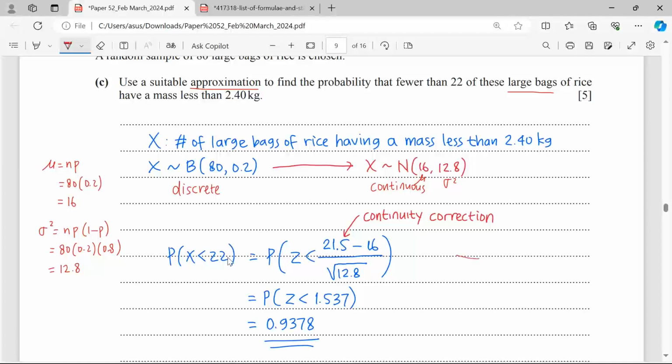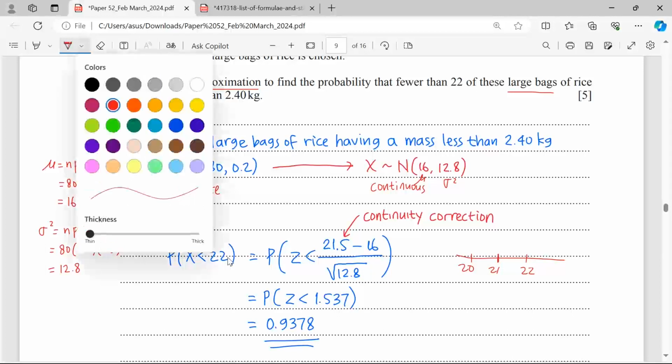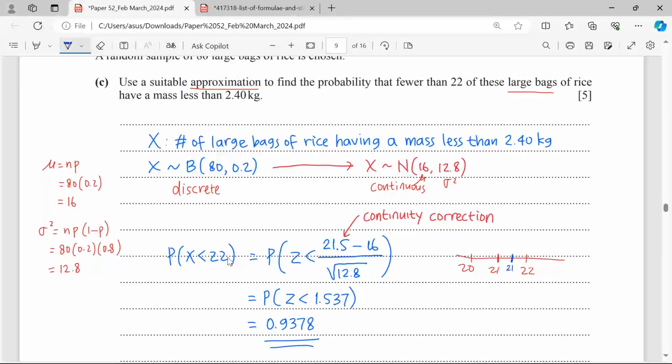So x is less than 22. This is 22, so that means 21, 20, and so on. So the value starts from 21, 20, 19, and so on. So from the continuity correction, you have to start from this one, 21.5 to the left. So that means this one, 22, should be subtracted by 0.5, and you will get 21.5.